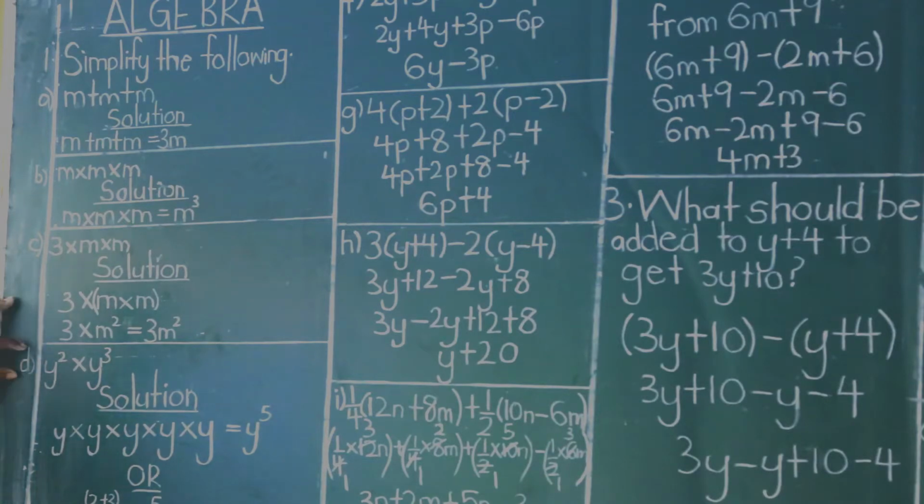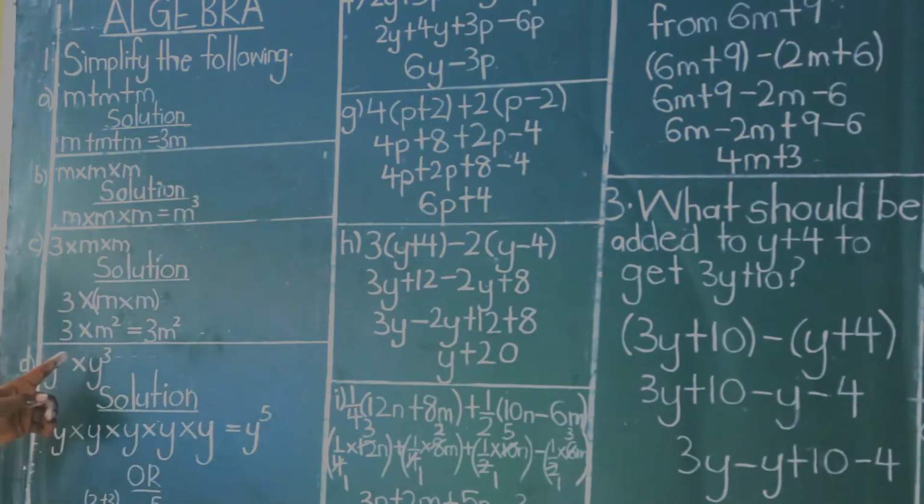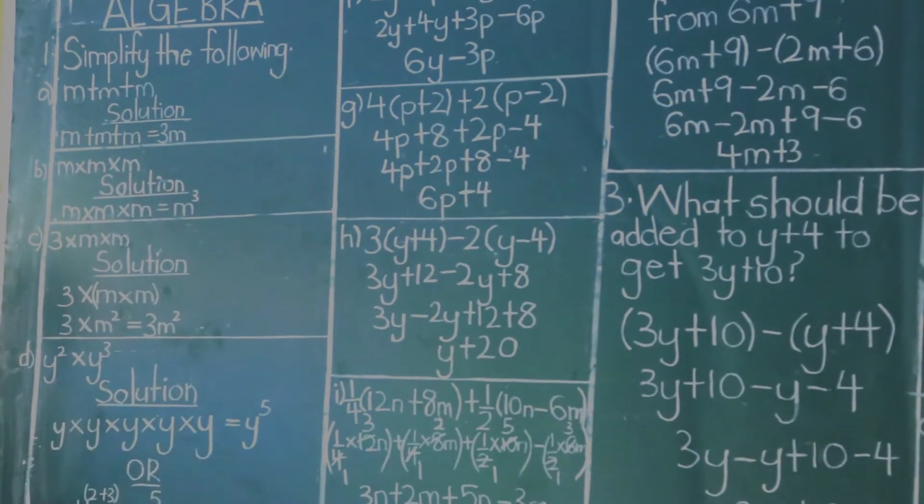Then go to part D of number 1, which says simplify y squared times y cubed. In doing that, you are going to expand y squared, which means y times y, and y cubed, which means y times y times y.